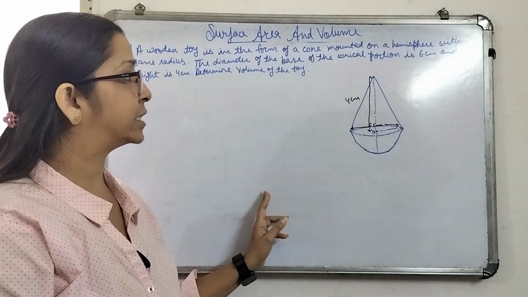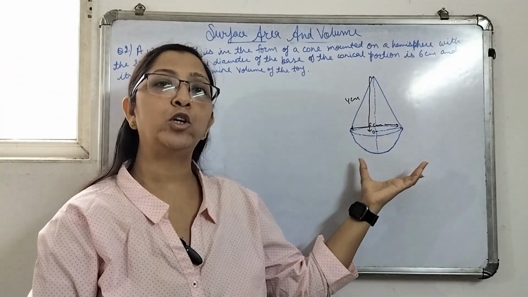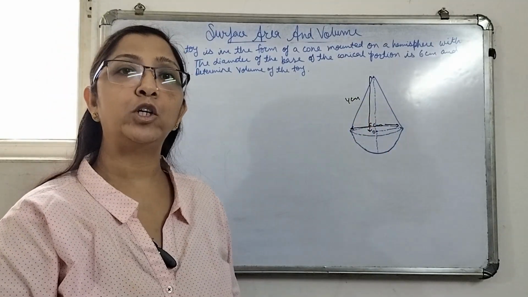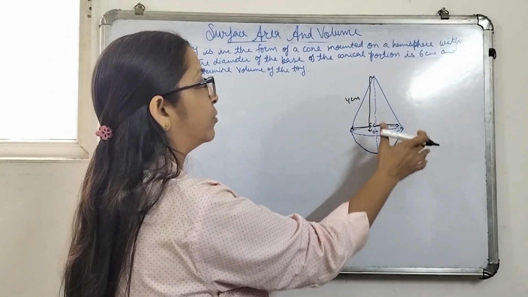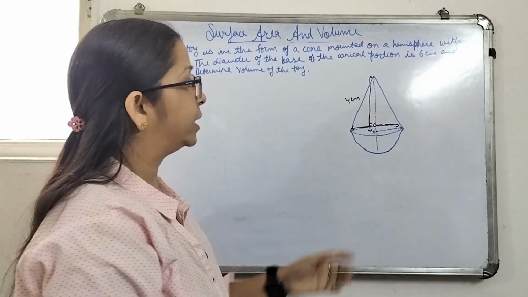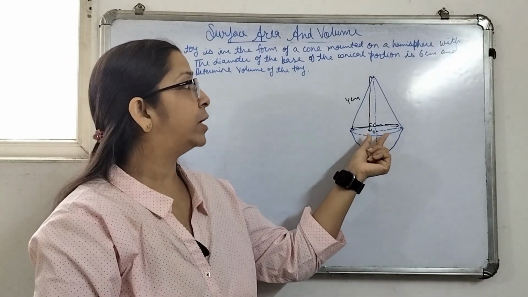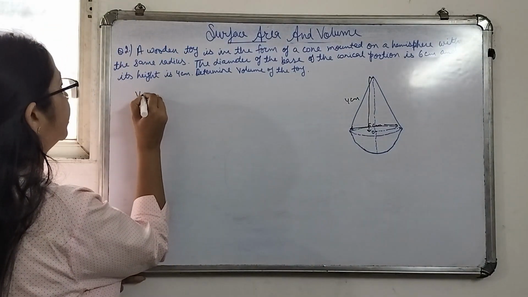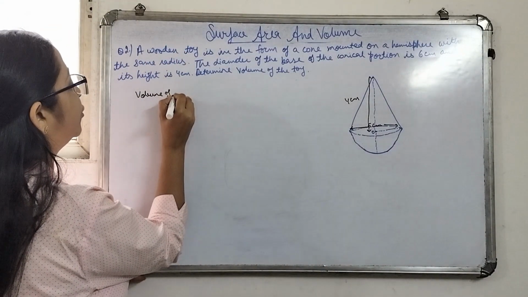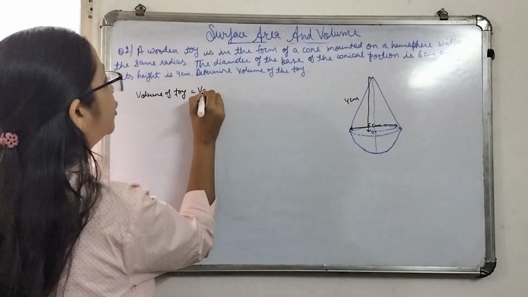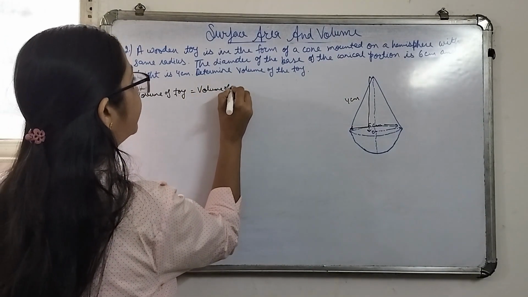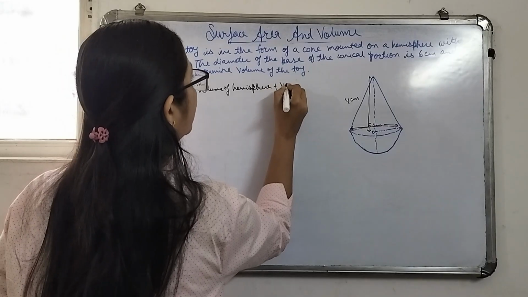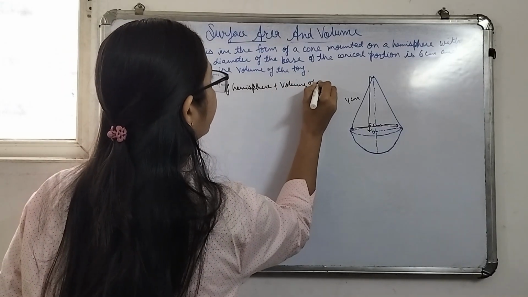Just now we discussed that whenever we have to find the volume of a combination of figures, we just sum up their volumes. So the volume of this toy will be the volume of the hemisphere plus the volume of the cone.